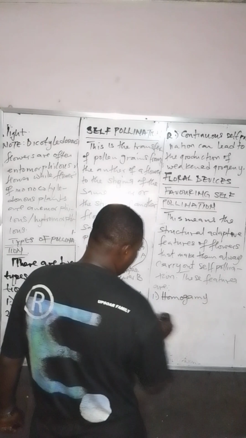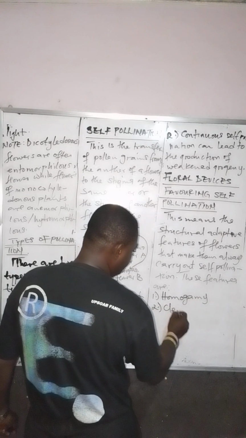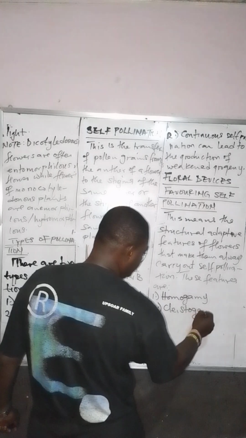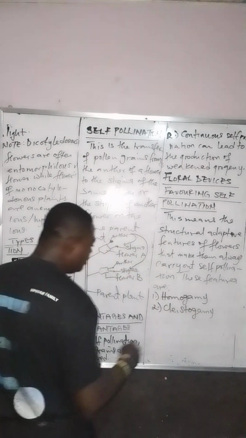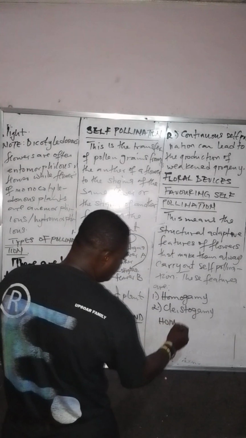So these features are, number one, homogamy. Number two, cleistogamy. Now what is homogamy? Homo means the same.